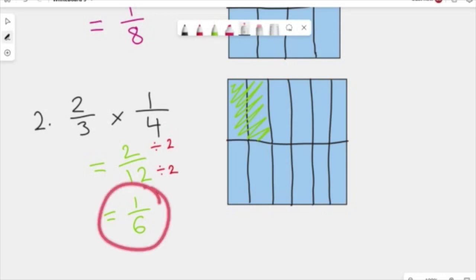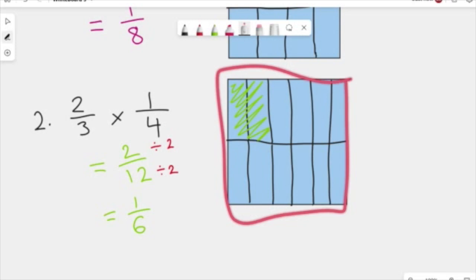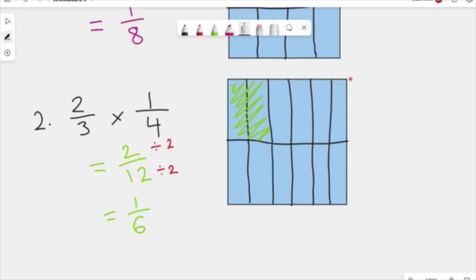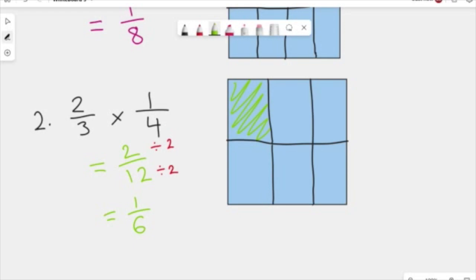I've shown 1/6 here, and we know from what we've talked about before that this is an equivalent fraction. But that's not what I'm showing here. But can I? Let's have a look. And this might erase, so sorry in advance, but let's get rid of this. Let's get rid of this, and this. And I'll shade in the area that I had before. And lo and behold, I have shown 1/6 here.